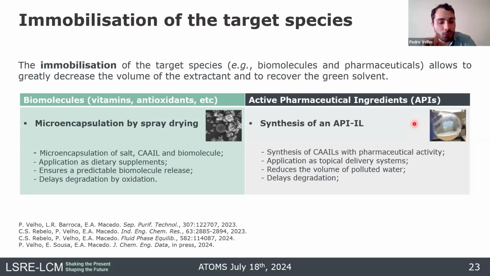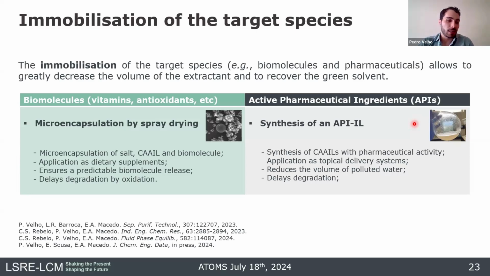So in our group, we have two different strategies. If we are talking about biomolecules such as vitamins or antioxidants, we do microencapsulation by spray drying, for example using sodium alginate. So we microencapsulate the salt, the choline amino acid ionic liquid, and the biomolecule. We have an aqueous two-phase system and we remove the top phase, which is super concentrated in the biomolecule.